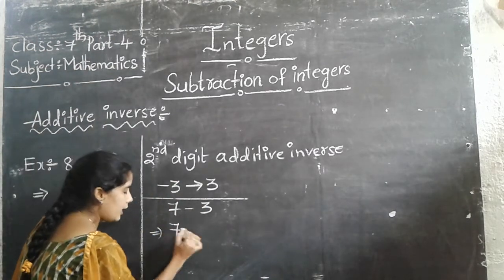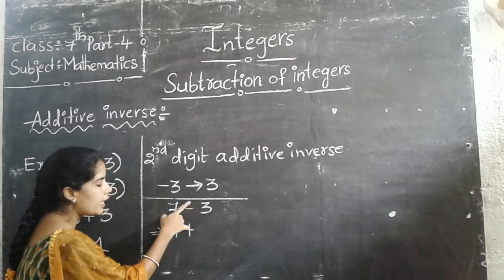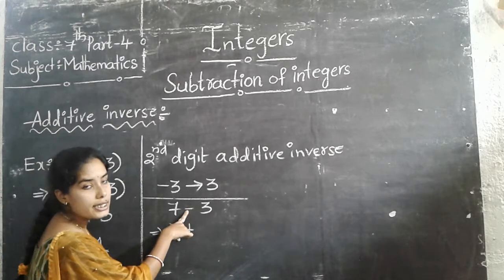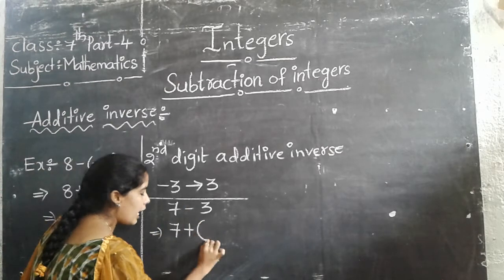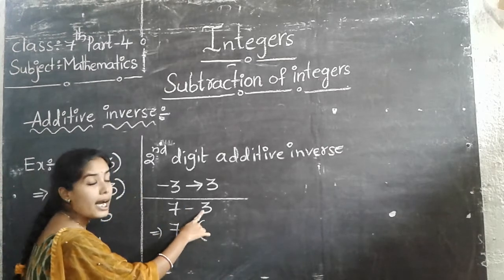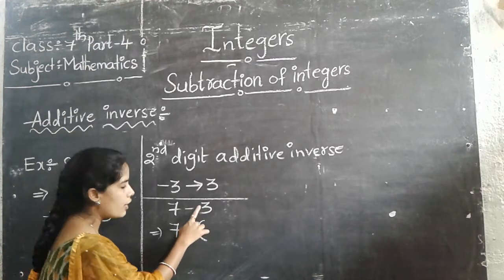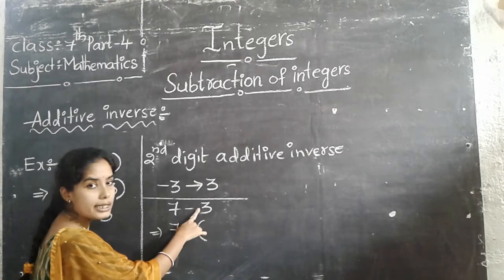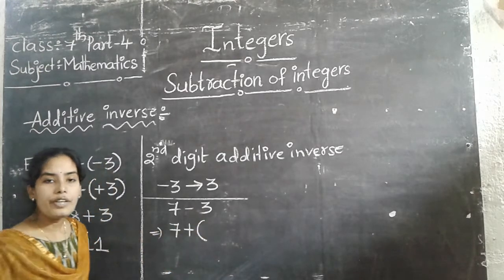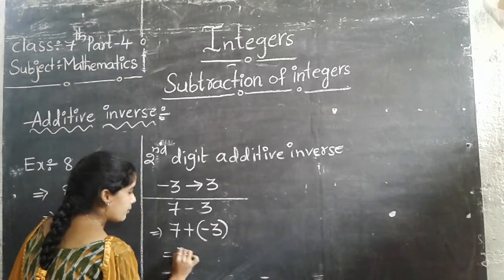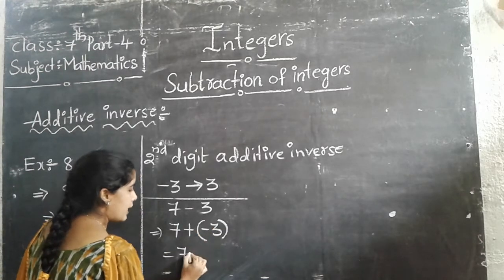That is 7 plus, interchanging the signs: here minus is there, so we write plus. Then we find the additive inverse of the second digit. The second digit is 3, and the additive inverse of plus 3 is minus 3. So 7 plus minus 3.